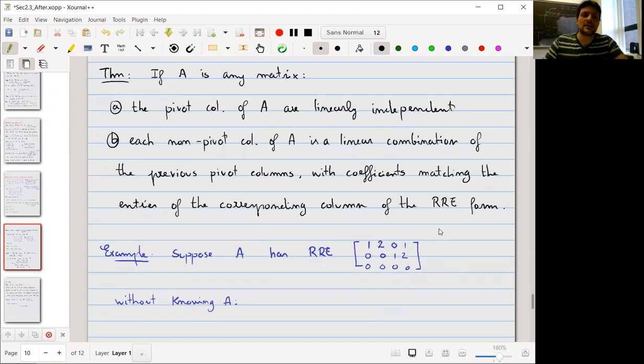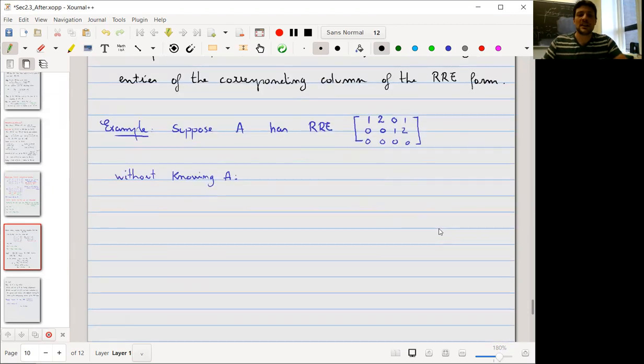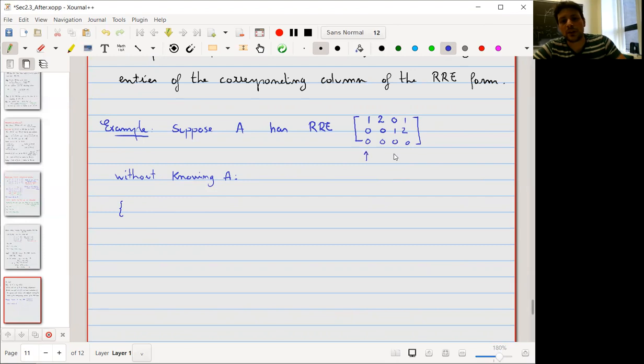We can do it again in this example here. In this example, we're assuming that we don't know what A is, but we know its reduced echelon form. So without even knowing what A is, let's analyze this reduced echelon form. The pivot columns are the first and the third in here.